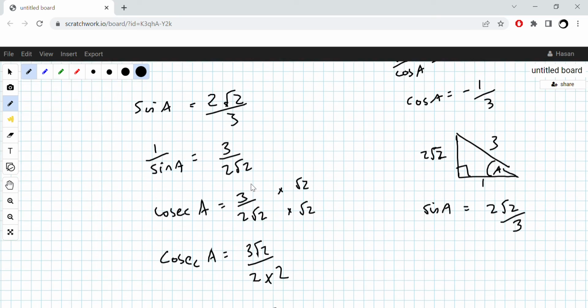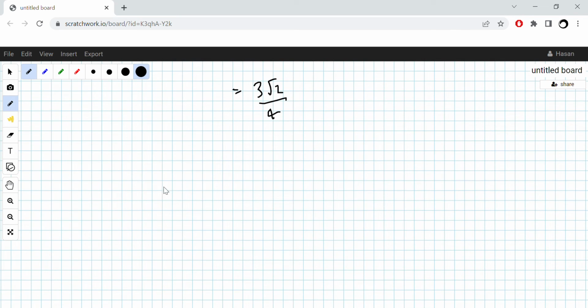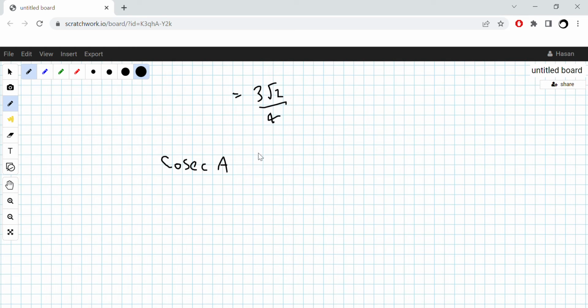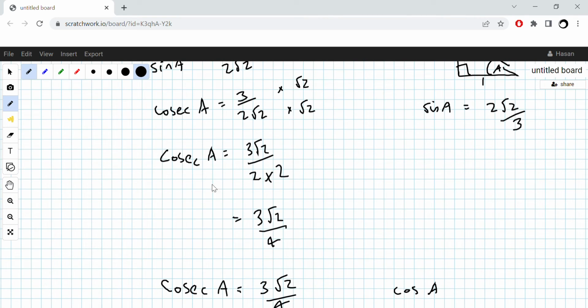Our other method we can use, so cosec A equals 3 root 2 over 4, that's what we had, is use our knowledge of our previous answers. There's one other thing I forgot to mention over here.